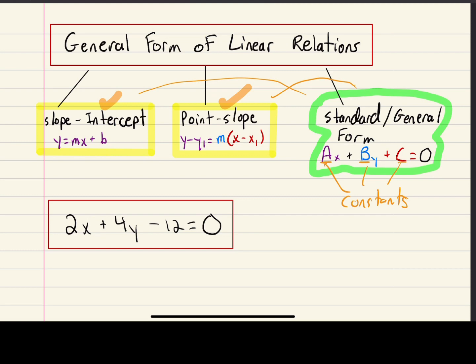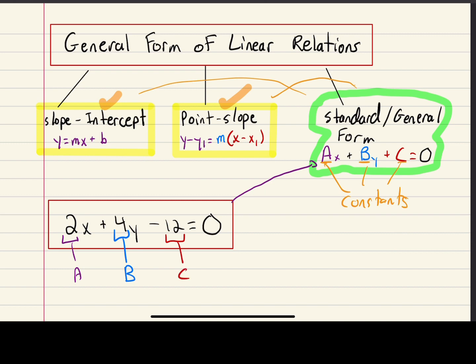Okay, so if we're looking at the equation here where it's written as 2x plus 4y minus 12 equals 0, and we're going to connect it over here, the constant that is in front of the x is the a, so that would be the 2. The constant in front of the y, which is 4, is your b. And then the constant that is not attached to any variable, that's the c.